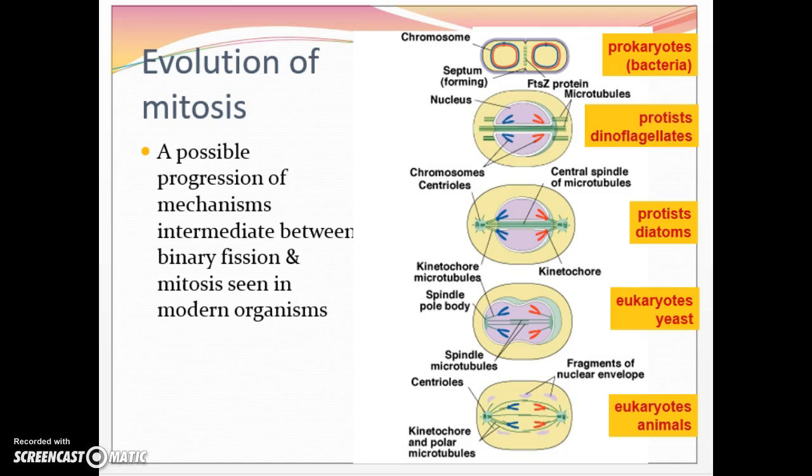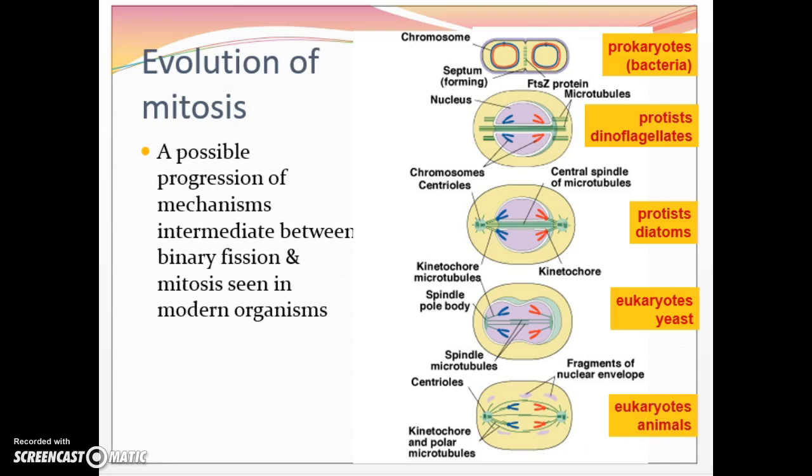There's probably a progression of mechanisms between binary fission and mitosis that we see in most modern eukaryotic cells. So there are different ways that mitosis or cell division occurs along the way from simple bacteria, prokaryotes, to animal eukaryotes.